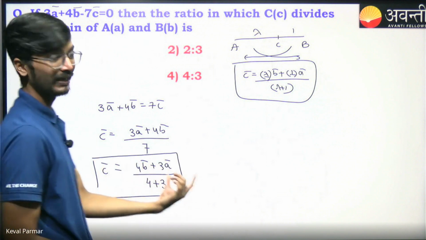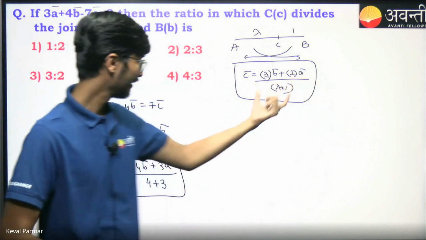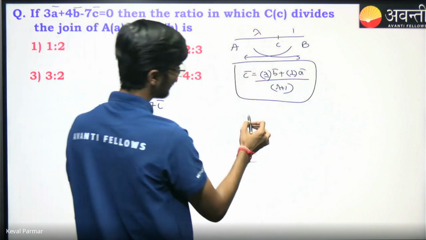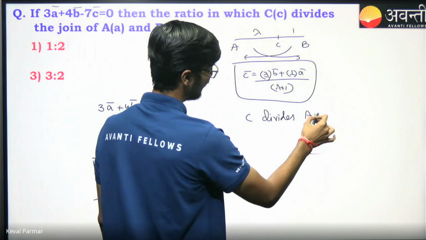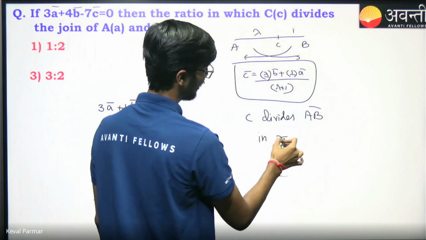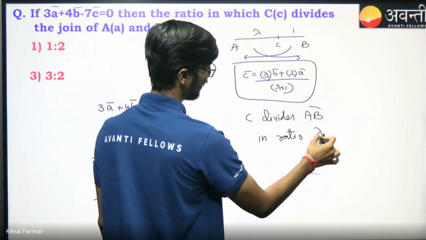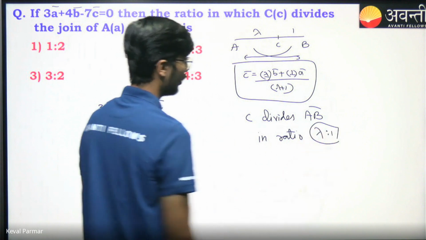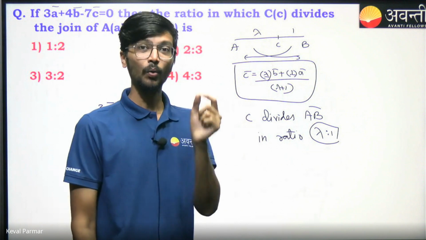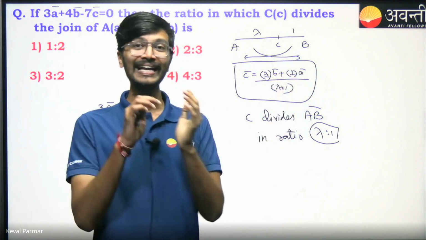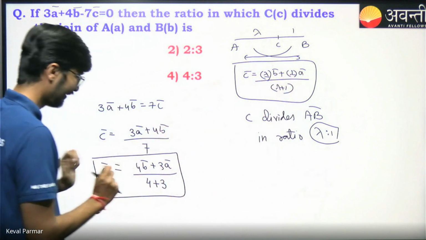Now, what do you conclude from this? Compare it with this, where C divides AB in the ratio lambda is to 1. If we compare, lambda is the coefficient of B bar, and 1 is the coefficient of A bar. So we have the same format here.